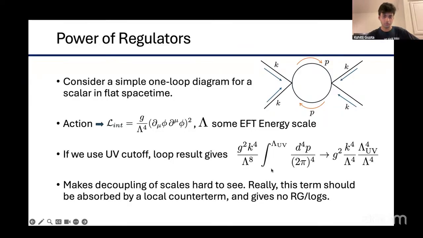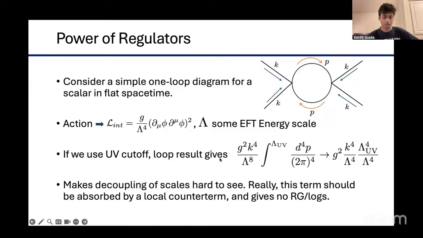If we try to compute this loop, generically we'll get a d^4p over (2 pi)^4 loop integral. One way to regulate this would be to use a hard UV cutoff. If we do that, we'll get this answer right here, lambda_UV to the fourth over lambda to the fourth.